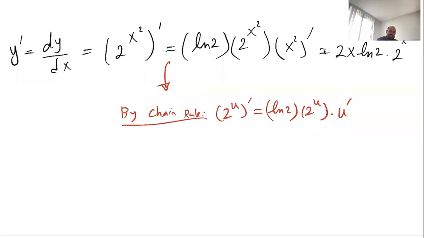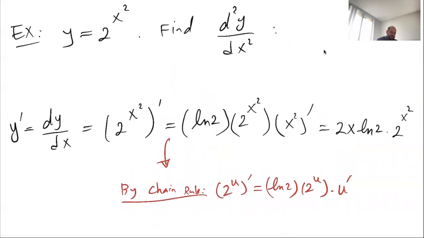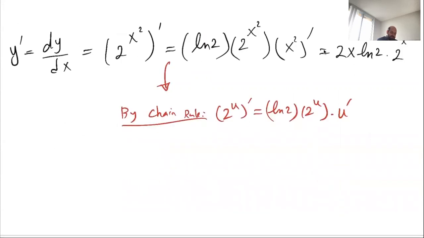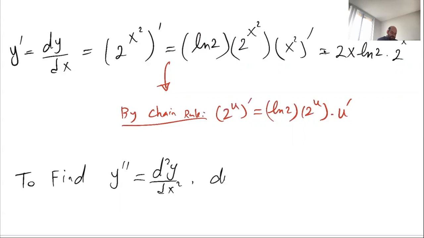Now, what will be the second derivative of y? We want to find the second derivative of y. So to find y double prime equals d squared y over dx squared, differentiate y prime once more.